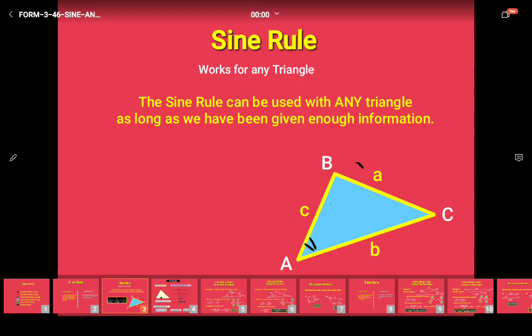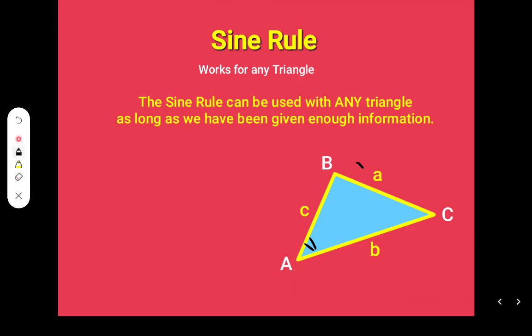Very important to note. So once again, the side which is directly opposite angle A, we label it side a.